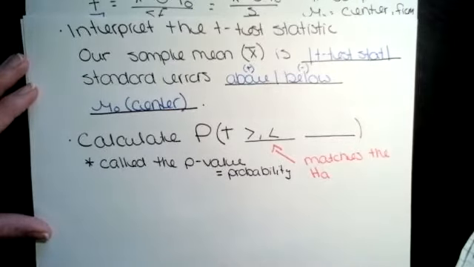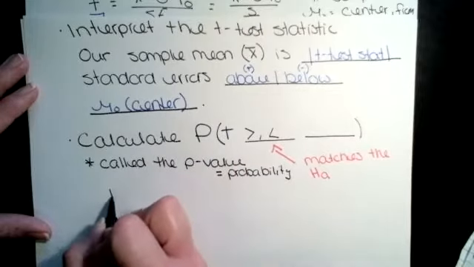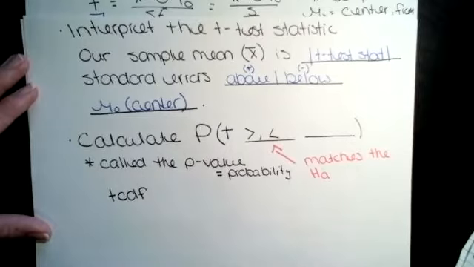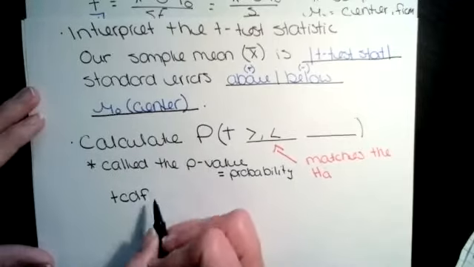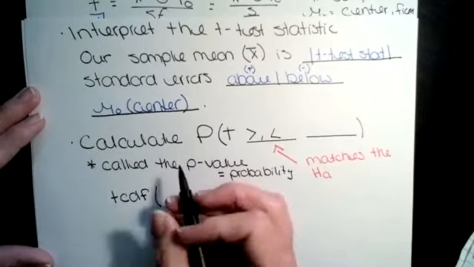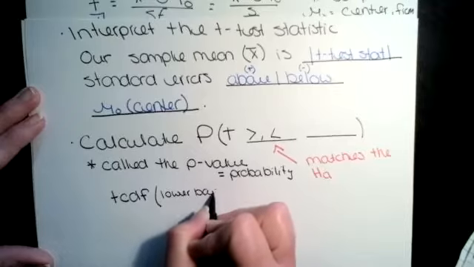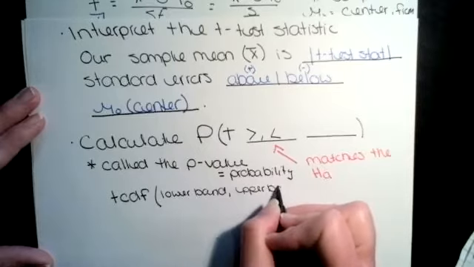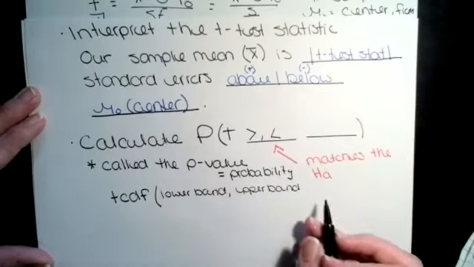The way we're going to calculate this is, think about it, we're on the t curve, right? So we're going to use our TCDF function, in Minitab or on our calculators, and you have to put your lower bound, and this is where the drawings come into play, your upper bound. So very similar to a normal CDF. It's just you're telling your calculator or Minitab to use the T curve.